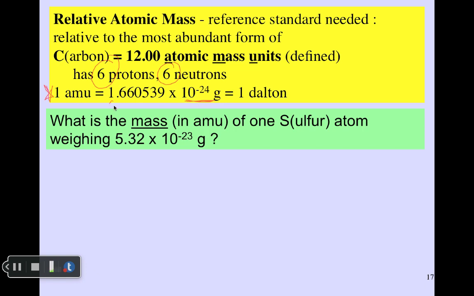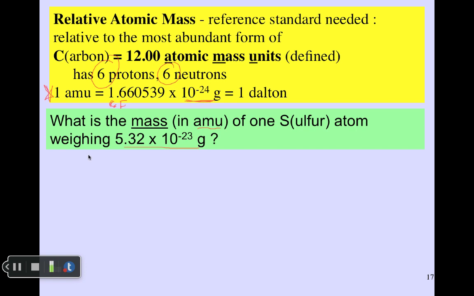This becomes a conversion factor to relate the AMU to a gram. The kind of question you'll be asked is to determine the mass in atomic mass units of one atom given its weight in grams. This is simply another kind of conversion problem, and one with which you need to be comfortable.